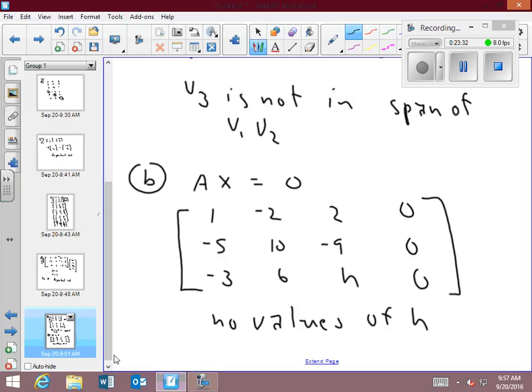And then 11 through 14, it says find the values of h for which the vectors are linearly dependent.